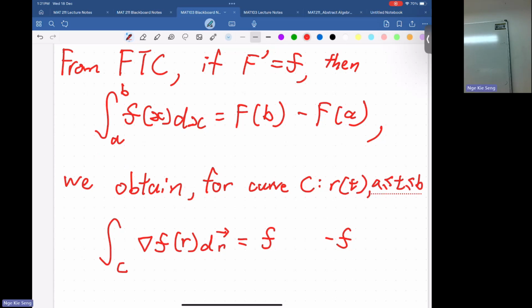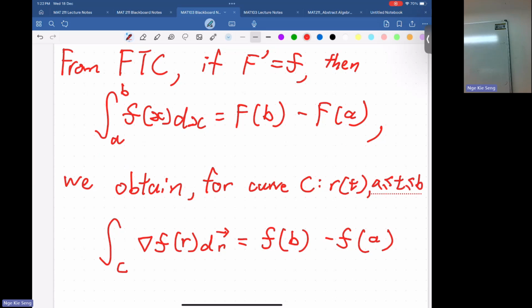At B, yeah. r(b)? Why not b? Why is it not b? It is not a single variable. Who is not a single variable? F, okay?